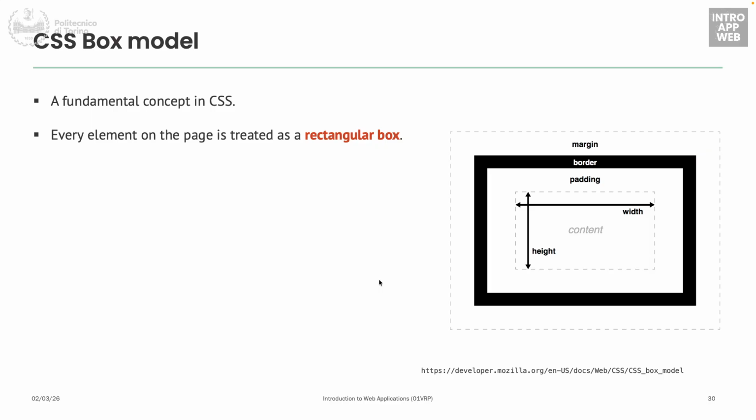Then we have the border, that, as you can see in the diagram, is pretty obvious what it means. And then we have the padding that, contrary to the margin, is the inner space, no? The space between the border and the contents of the element itself. And then we have the content with the width and the height.